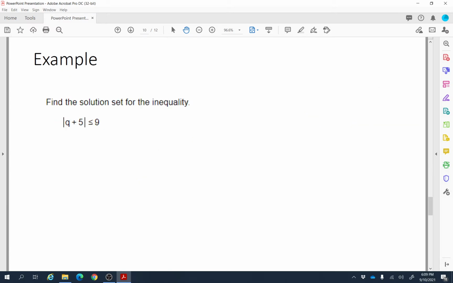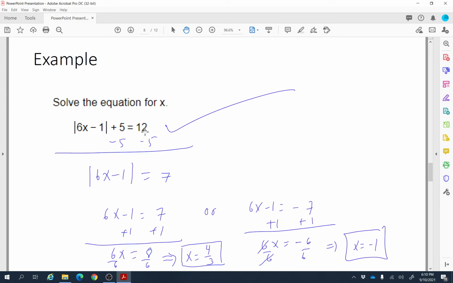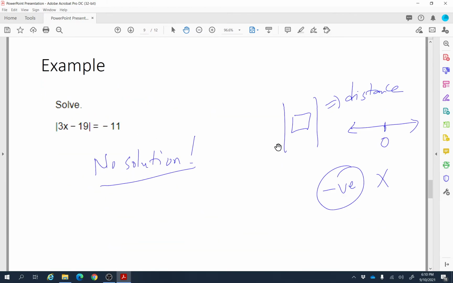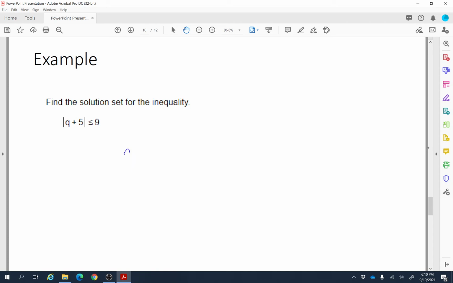Here, the absolute value of this expression q plus 5 is less than or equal to 9. So we go back to this second condition: the absolute value of something is less than some constant means that something should be in between negative of that constant and positive of that constant. So we are going to use the same thing here. This q plus 5 should be in between negative 9 and positive 9. Because here is a less-than-or-equal sign, we have to use the same inequality.